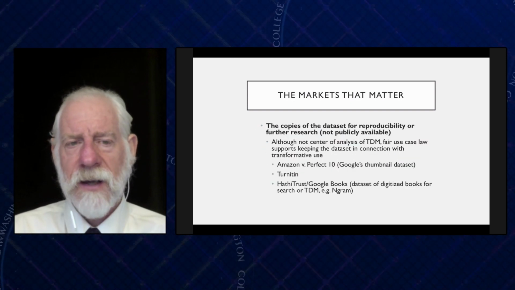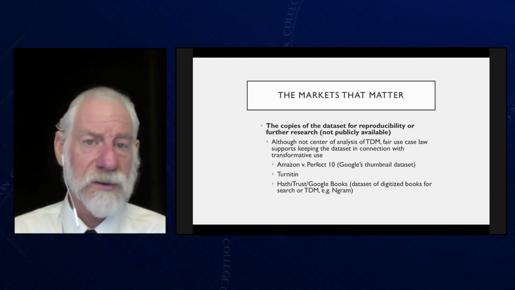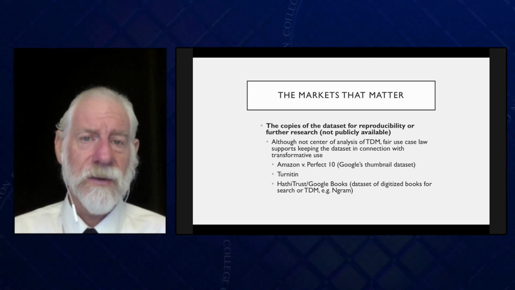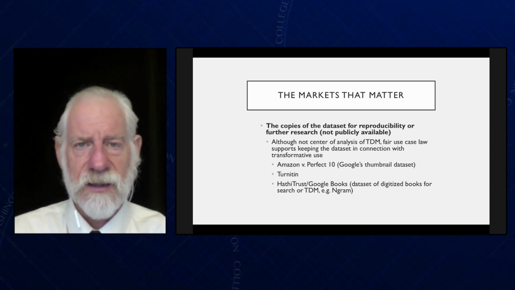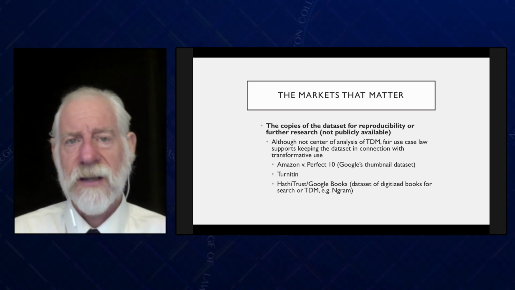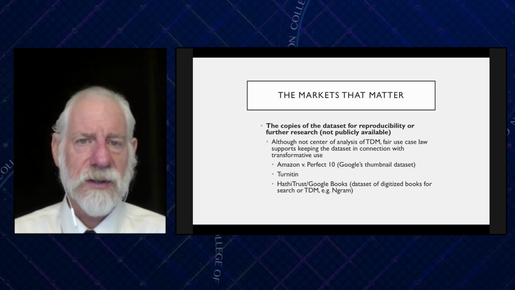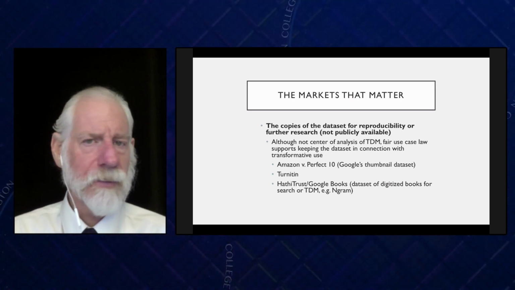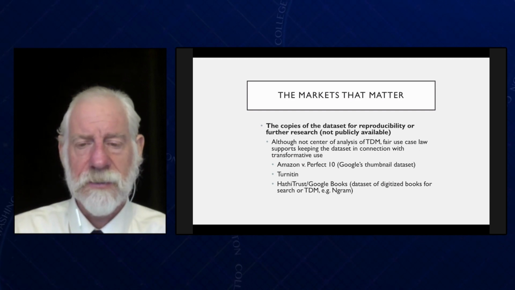Now, I think you can keep a complete data set of all the articles for reproducibility uses. So for example, I'm doing research. One of the ways my research should be validated is if some other researcher can get the same results. So I need to keep my data set so that they can test whether my output is actually scientifically valid. So I think that's an important use of the corpus that should be deemed to be part of the fair use analysis.